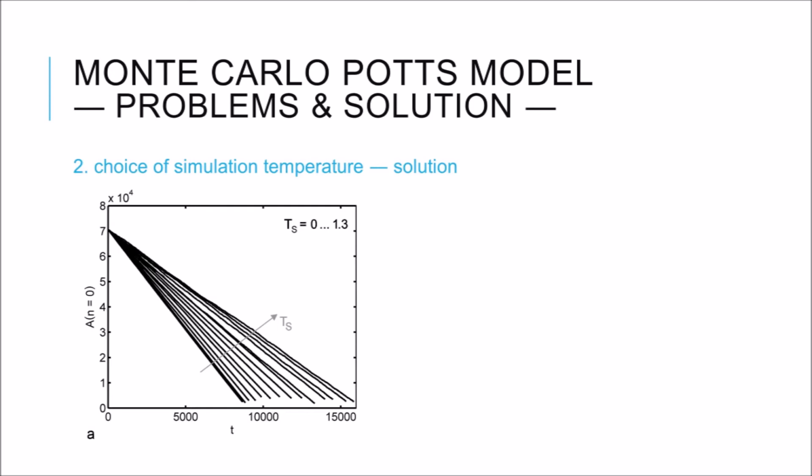This is a really good test. The area of any grain that you put into it, embedded in a larger grain, should always be a linear function of time. But you can see here that apparently the slope changes with simulation temperature. The larger the simulation temperature, the smaller the slope.